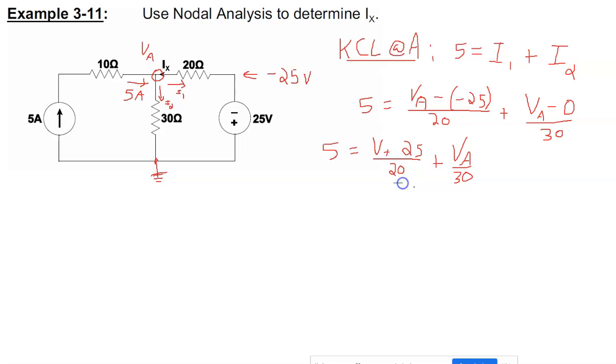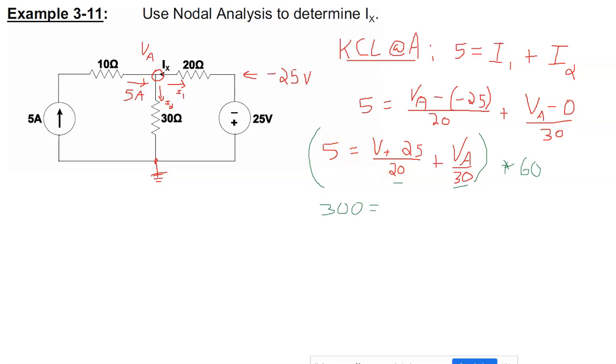Now, again, there are a few ways to do this, and if we look for the lowest common denominator, or the least common multiple of 20 and 30, it's going to be 60. So let's multiply the whole thing by 60. So 5 times 60 is 300, which is equal to 60 divided by 20, which is 3.